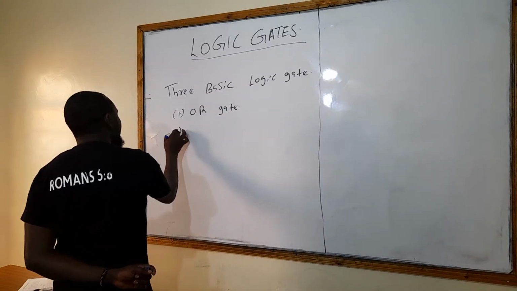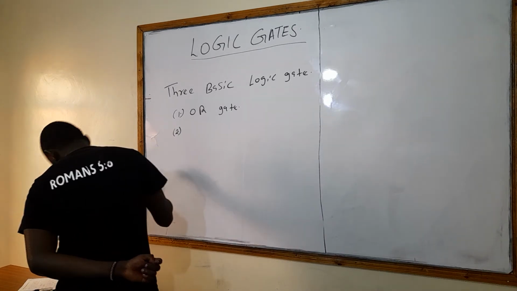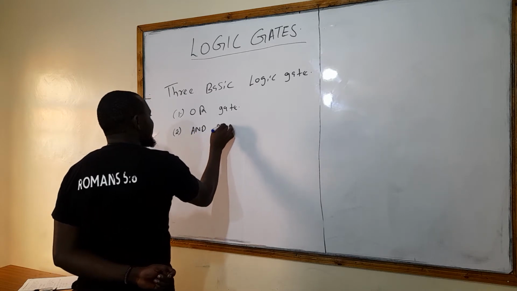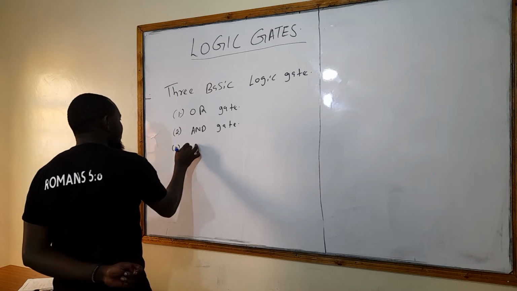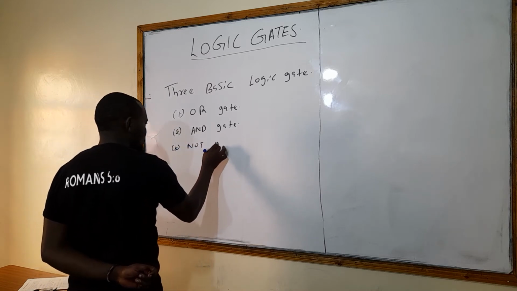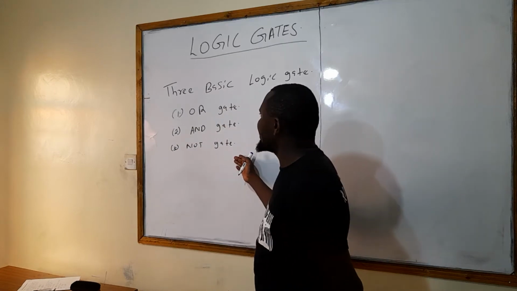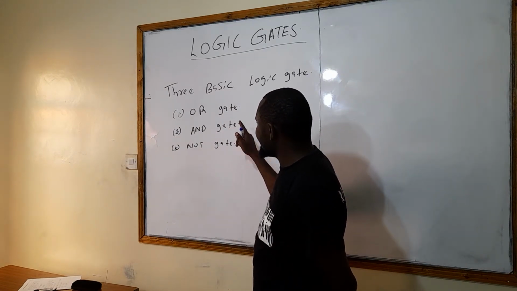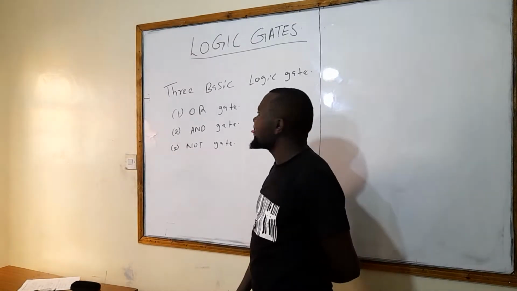The second one is the AND gate. The third one is the NOT gate. So we only have three gates: the first is the OR gate, the second is the AND gate, and the third is the NOT gate.